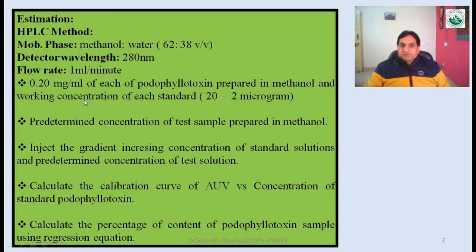So we will prepare in such a way that the concentration will be 0.2 mg per ml of the standard podophyllotoxin in methanol, and we will make various concentrations of the standard drug ranging from 20 to 2 micrograms, and similarly predetermined concentrations of test samples can be prepared in methanol. Okay, separately we prepare the standard solutions. After that we will prepare the predetermined concentrations of the test samples in methanol.